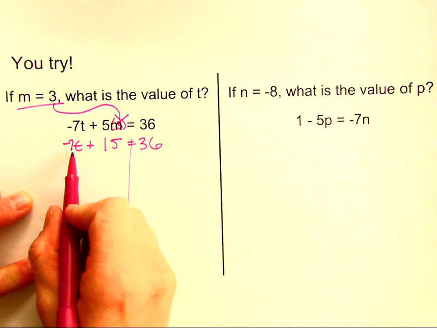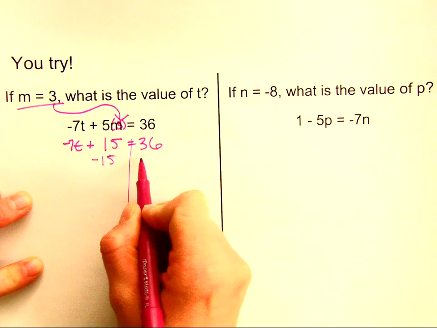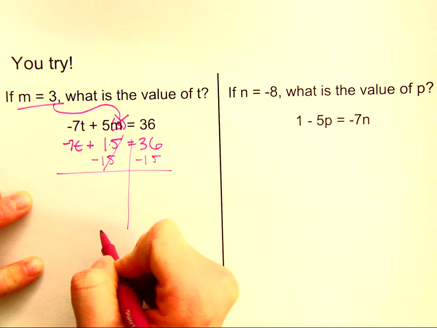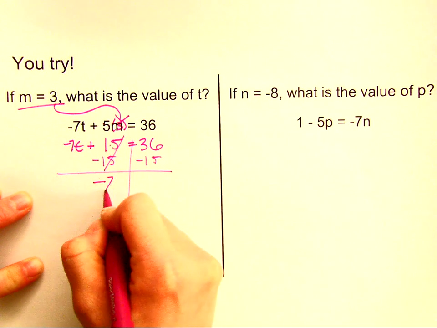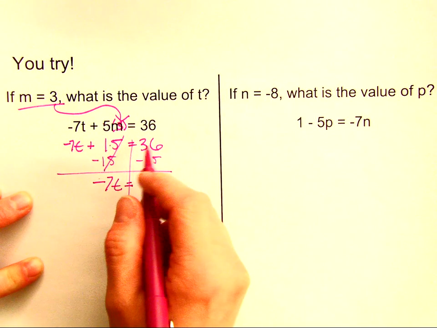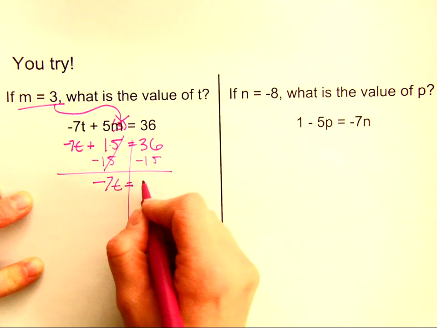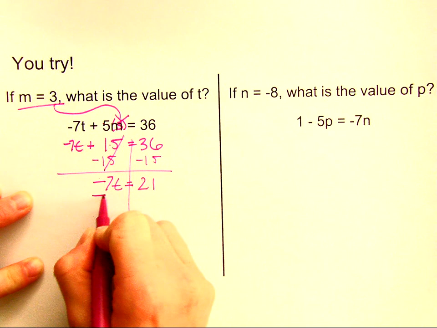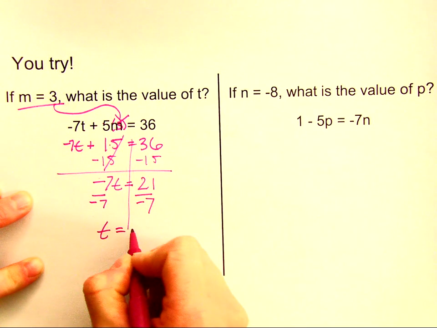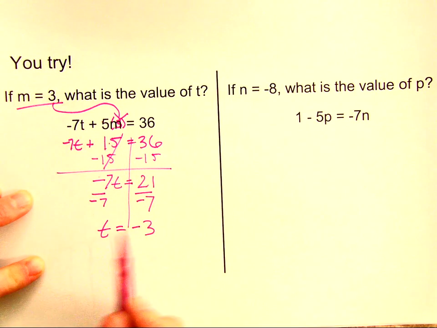So then to get t alone, we cancel out the 15, positive 15, so I need to subtract. So -7t is equal to 21. Divide by -7, t is equal to -3.